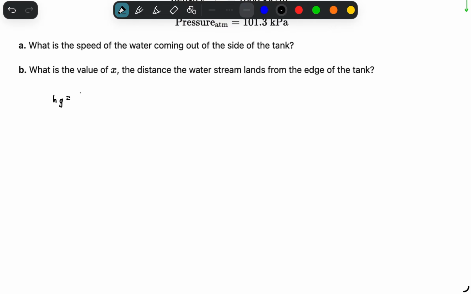We were given that the height of the water above the ground was 5.19 meters and the height of the water below the surface is equal to 4.75.